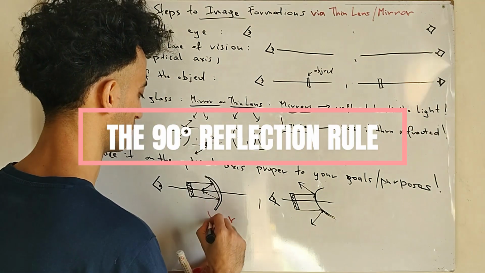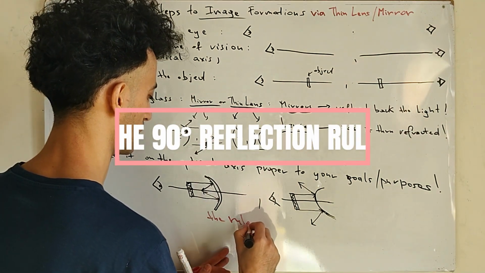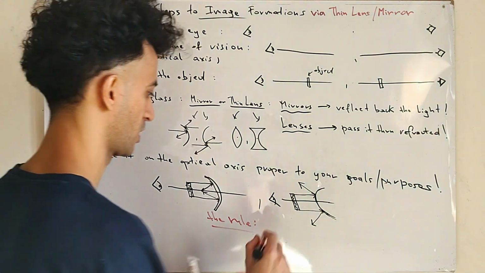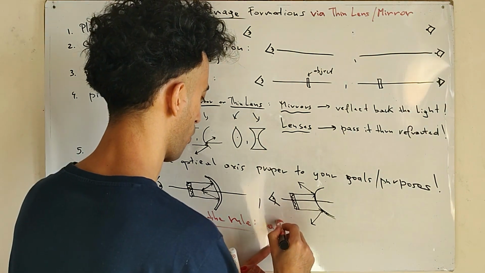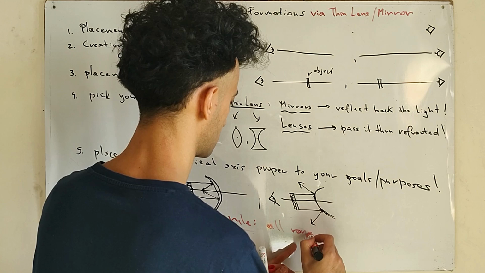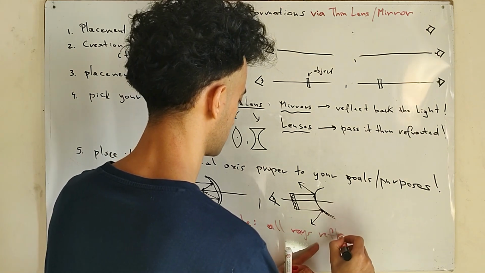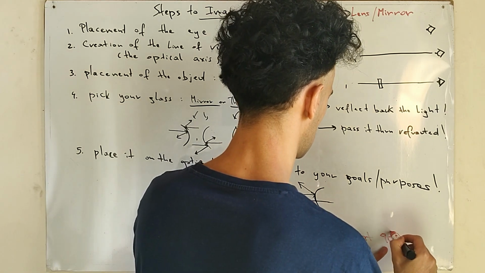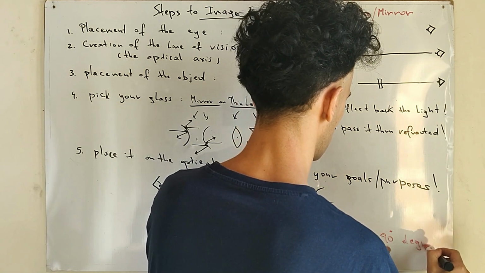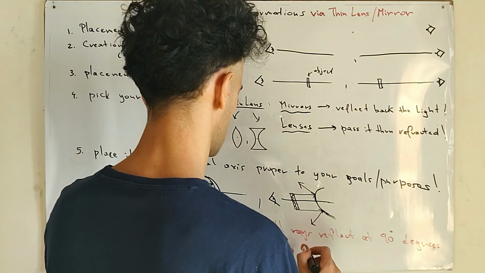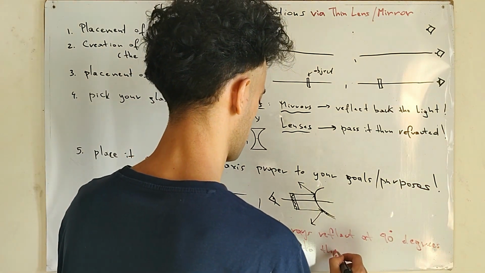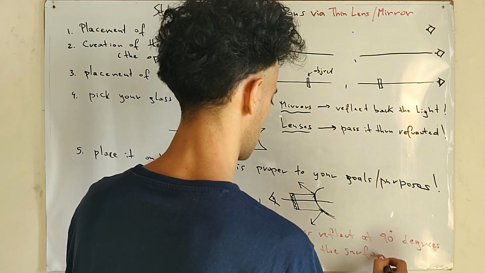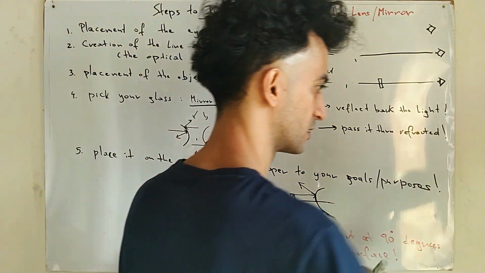The optics rule. What is the rule? All rays reflect at 90 degrees to the surface. Okay? That's all that there is.